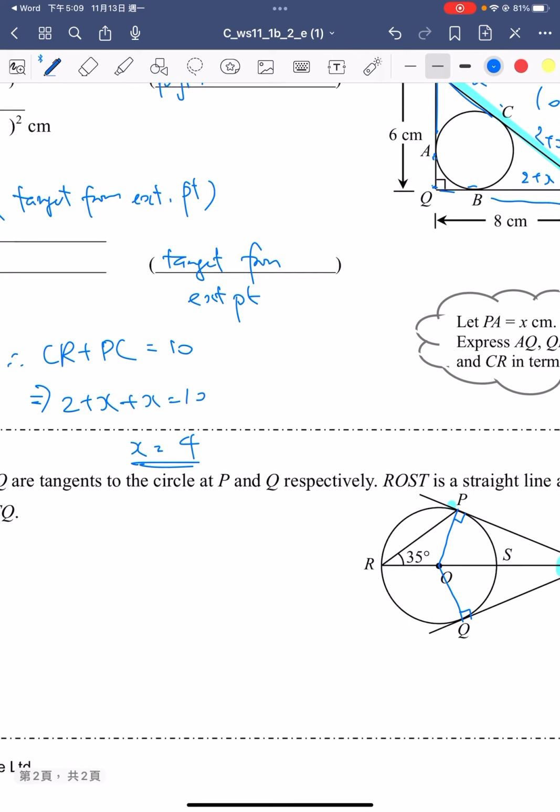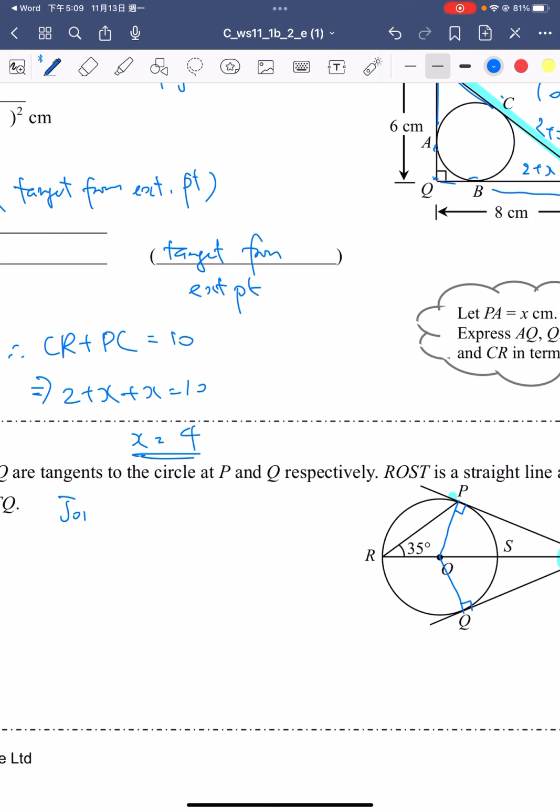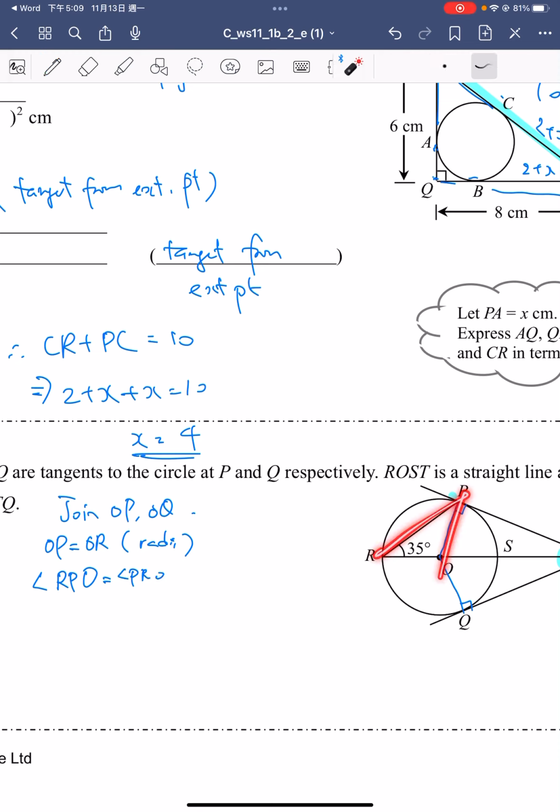So we just write down the whole thing. First of all, we need to join OP and OQ. Then we can say that OP is equal to OR. They are the radii. And then we can say that the angle RPO is going to be equal to the angle PRO.